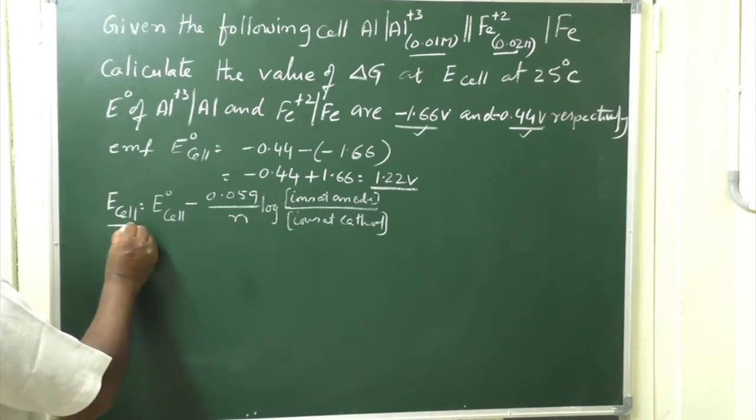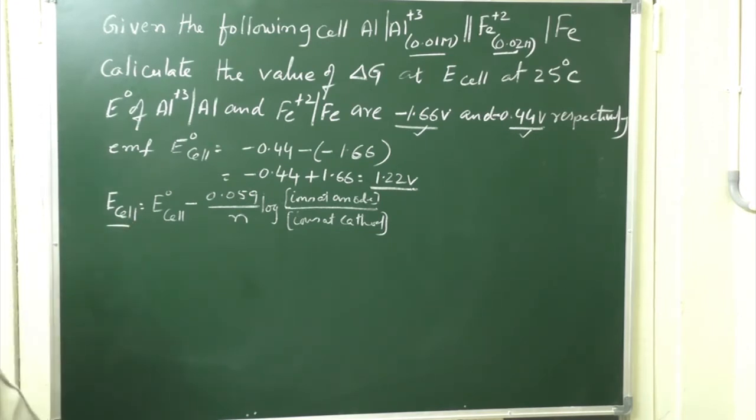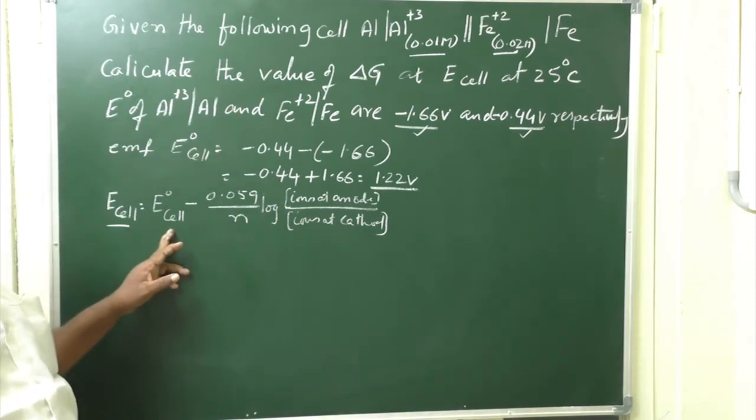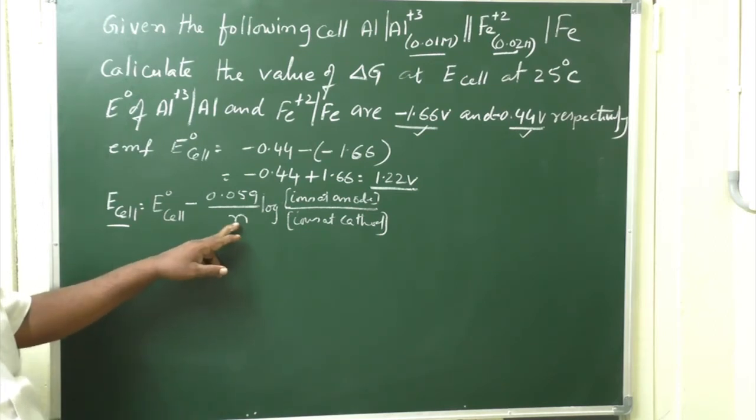Here this is the required EMF at changed concentration, at non-standard conditions. This is the EMF of the cell at standard conditions. N is the number of electrons involved here.